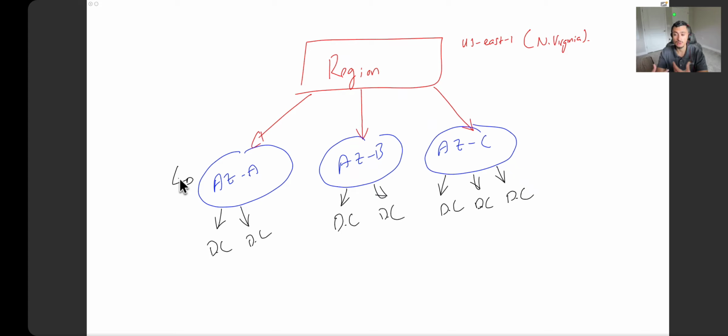And that's why we said that for high availability, we want to make use of at least two availability zones because they're not dependent on one another. They're actually separated by hundreds of kilometers apart, so they're pretty far away from each other within the same region. Basically, as we said, if one availability zone goes down, that's not going to affect the other availability zones in that region, right?